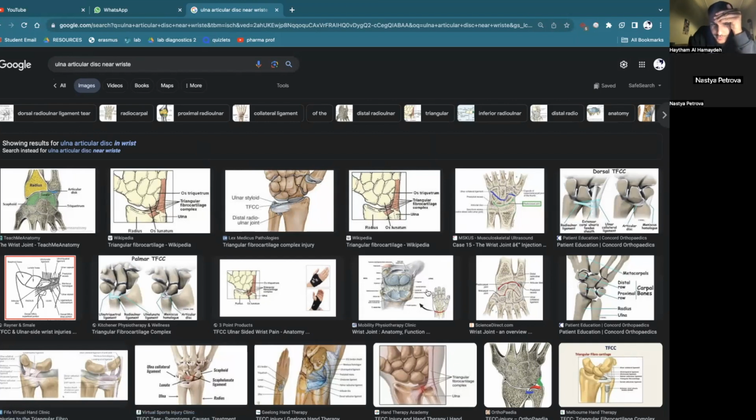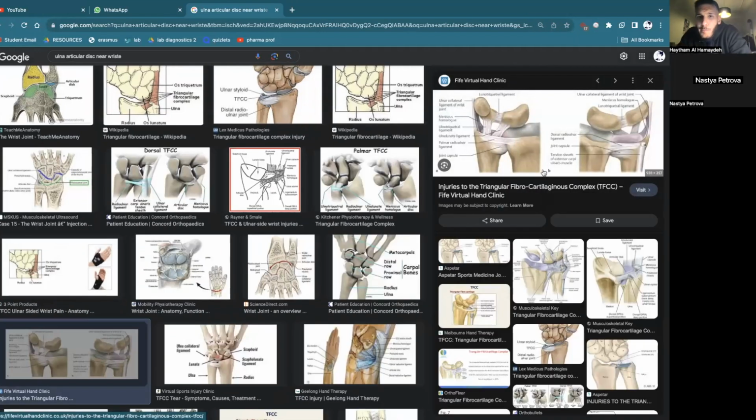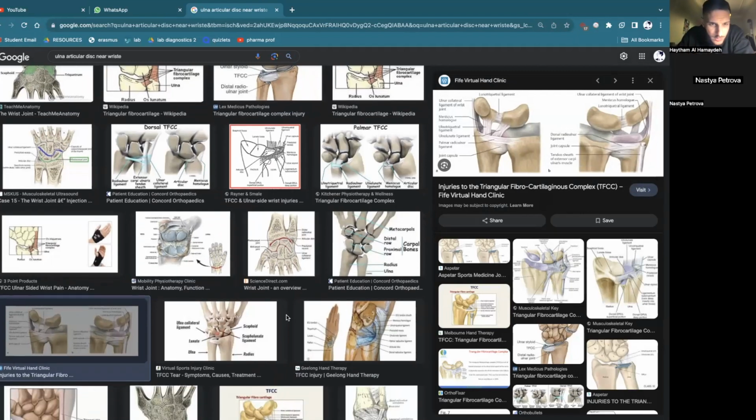Just give me a second. Google is failing me, but wait. It's a confusing image for you. 1 second.